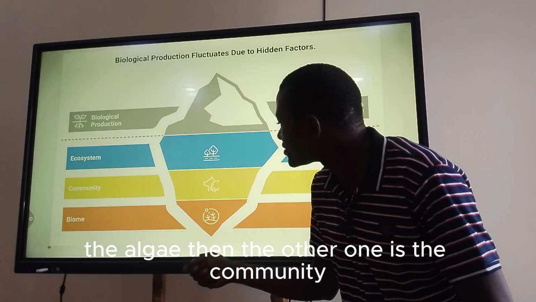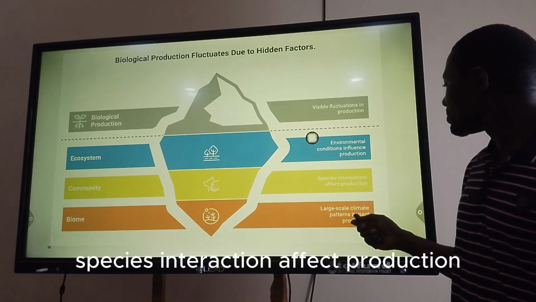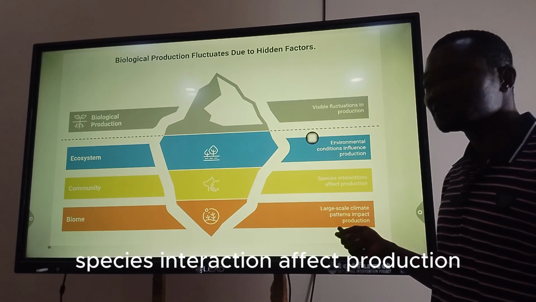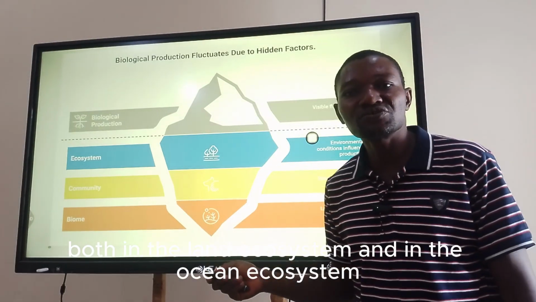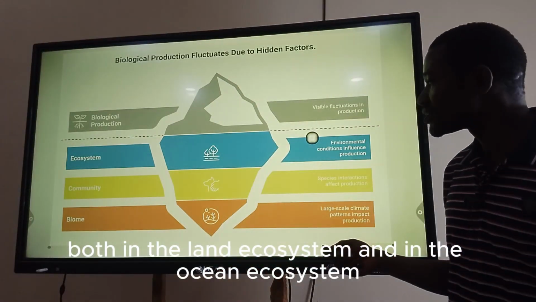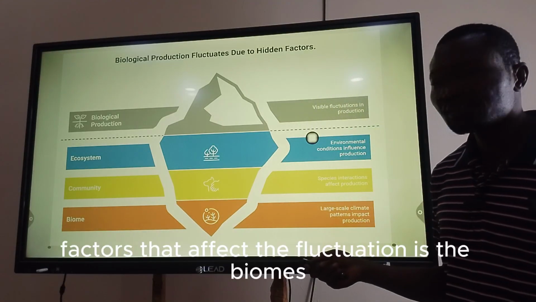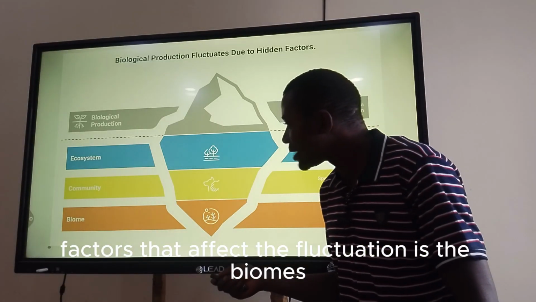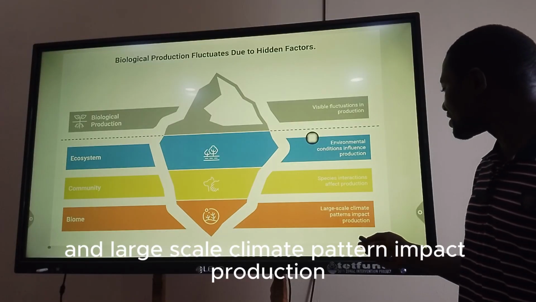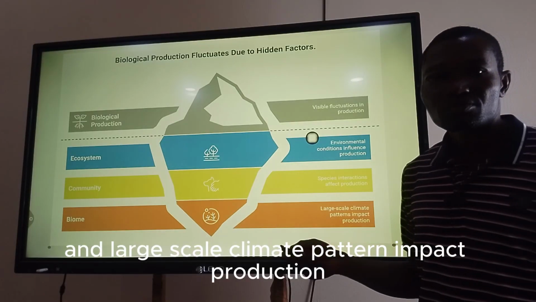Then the other one is the community. Species interaction affects production, both in the land ecosystem and in the ocean ecosystem. And the third factor that affects the fluctuation is the biome. Large-scale climate patterns impact production.